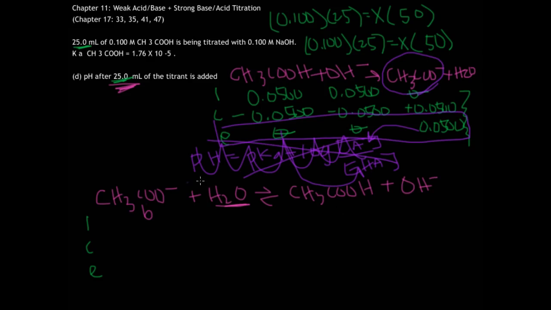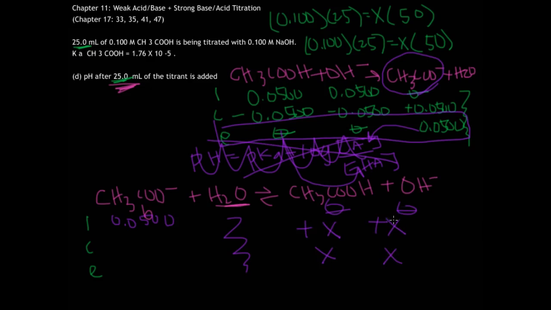Okay, so I know how much of the salt that I have: 0.0500 molar. Water's a liquid, we don't care. 0, 0. There is no weak acid and no base initially, right? Because they got neutralized. That's the point of being at the equivalence point. So what we have to do now is what we've always done before. Let X equal something.